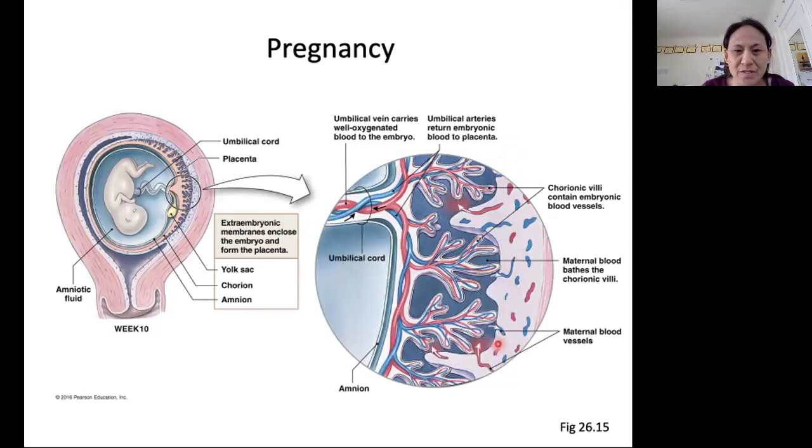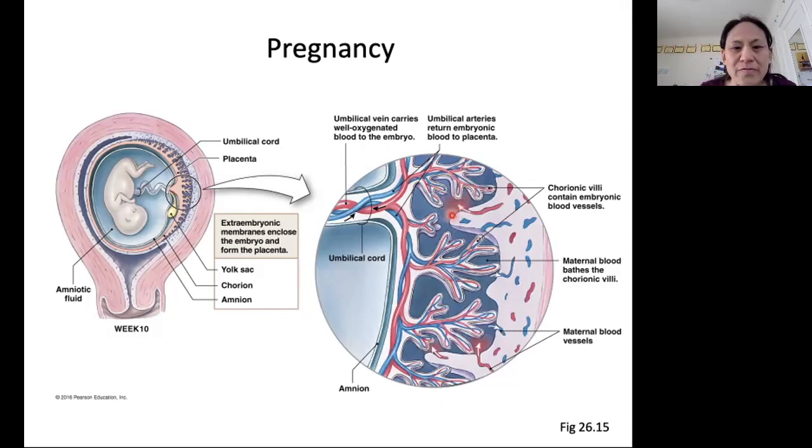Okay. So this is the uterine wall. They're going to dig into the uterine wall and actually break the blood vessels of the mother. Okay. So they're going to break the blood vessels of the mother and release the blood into the extracellular fluid here. Okay. And then from there, materials are just going to diffuse.